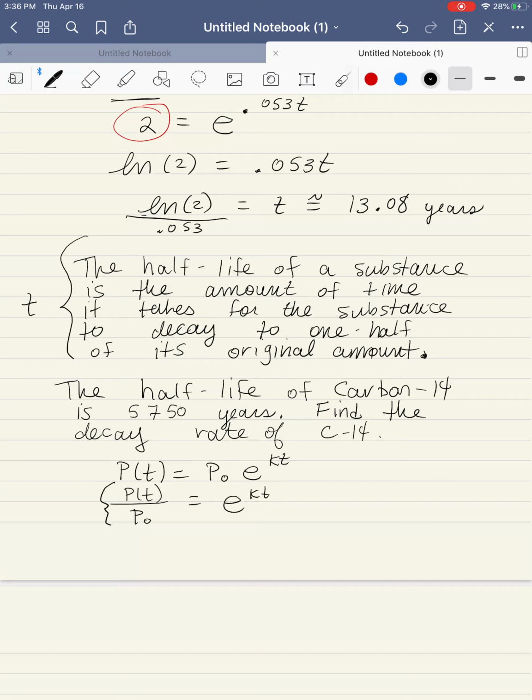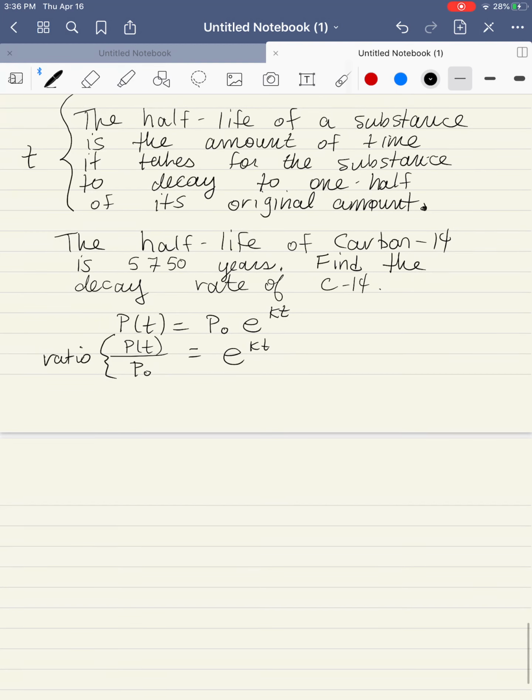But we're going to be looking at this after we have already divided out the p sub 0. We're looking at the ratio, or the comparison, of the starting amount to the ending amount. What we know is our time. Remember, half-life is time. So we know our time is 5750.